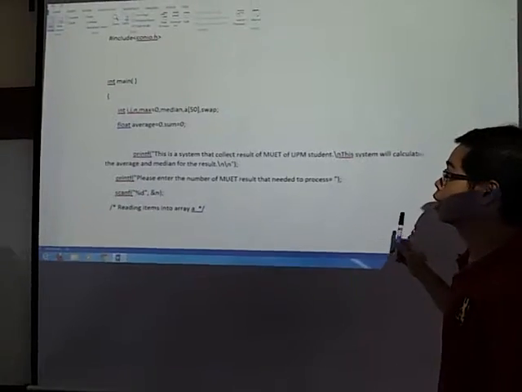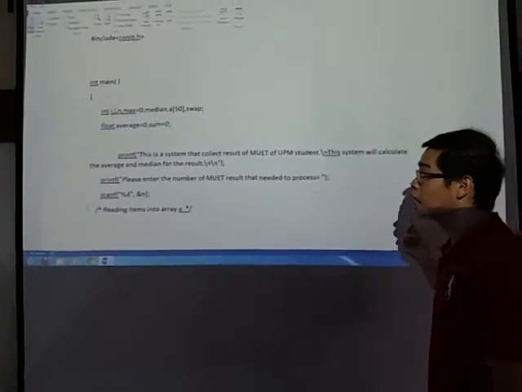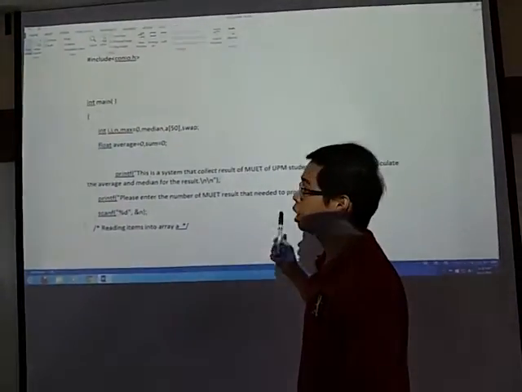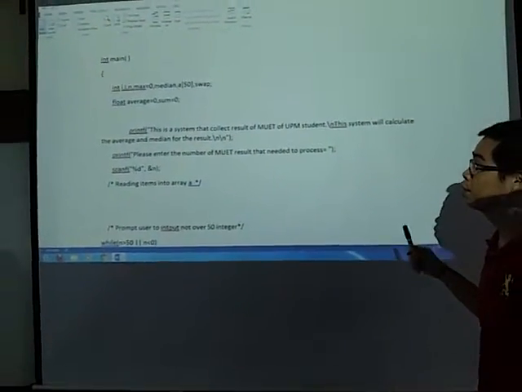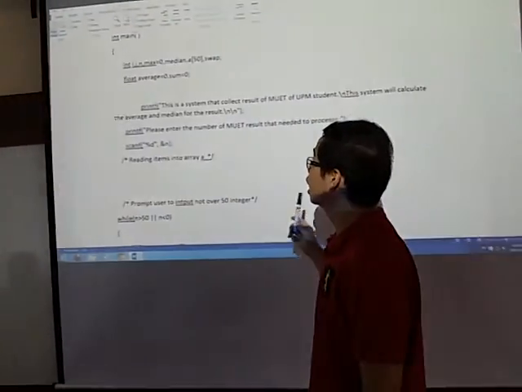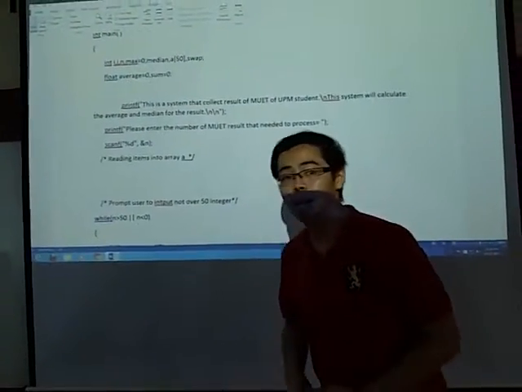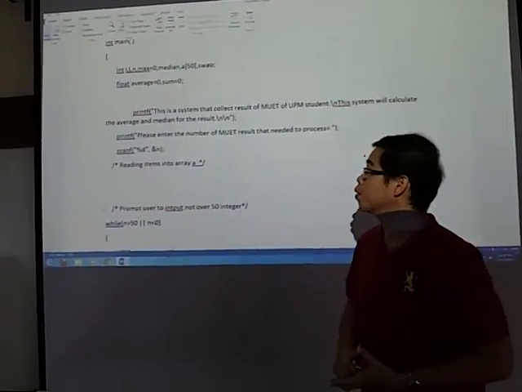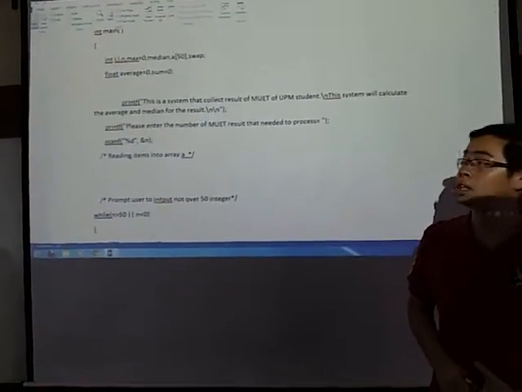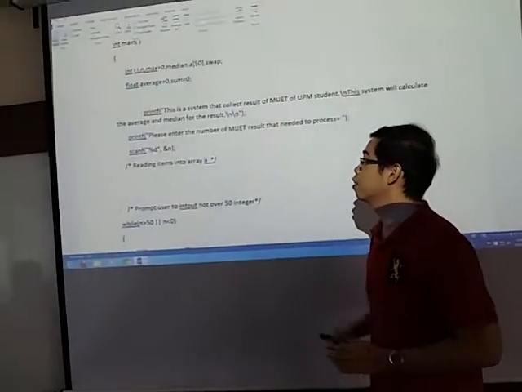Median is used to calculate the median, and A50 is the array. Swap is used in the bubble swap. Then float average and sum. Because sum and average, maybe we will get a floating point, right? So we will use float.